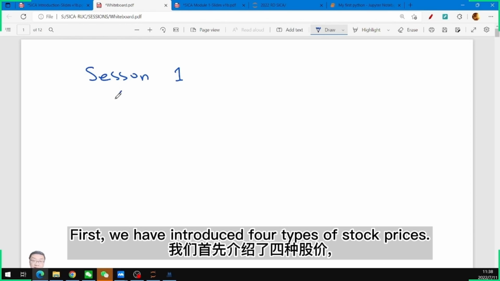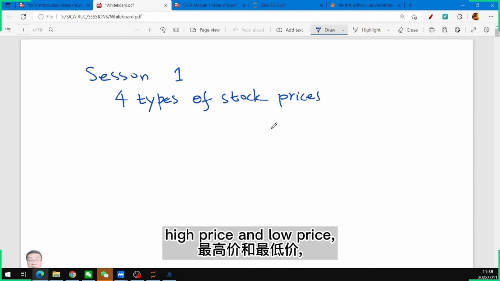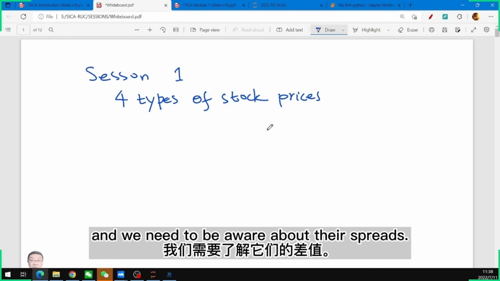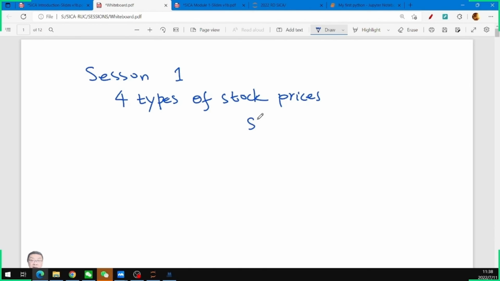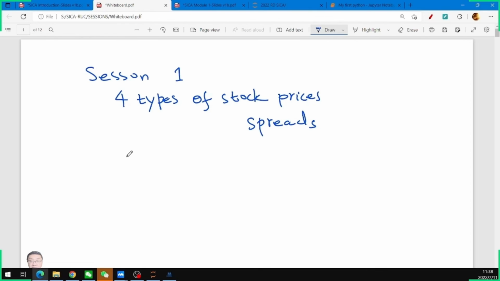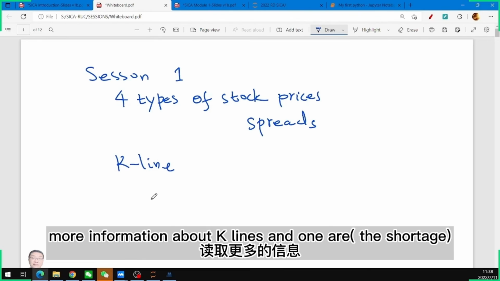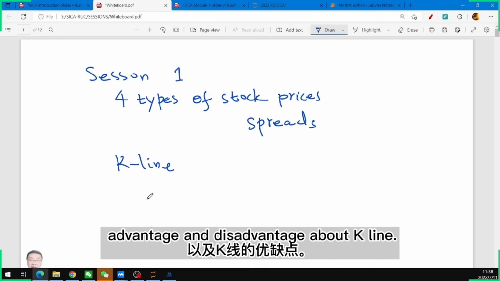First, we have introduced 4 types of stock prices. They are open price, close price, high price, and low price. And we need to be aware about their spreads. Okay. Then we introduce the K lines, and how we can read more information about K lines, and what are the advantage and disadvantage about K lines.